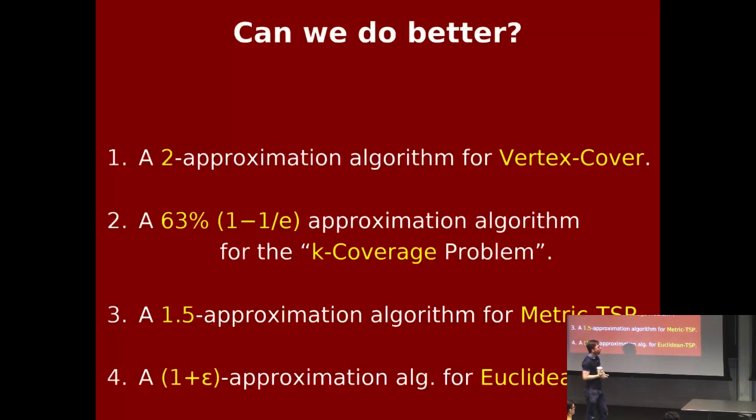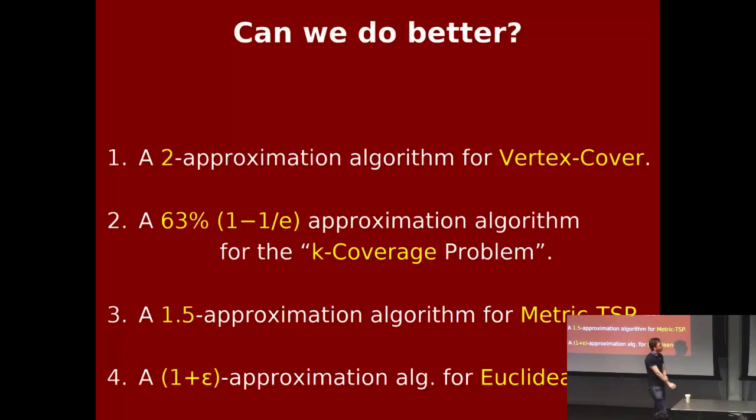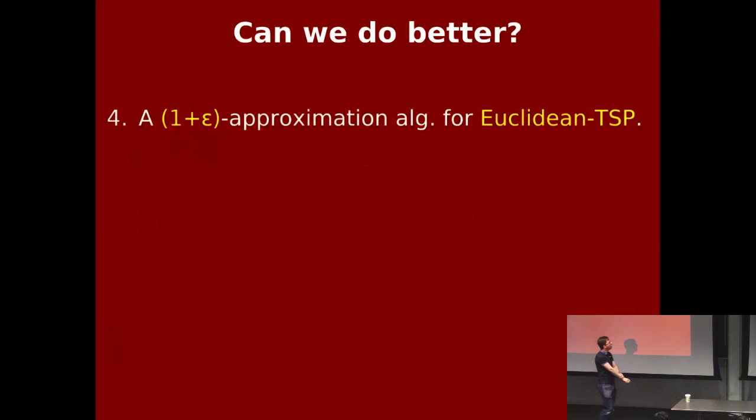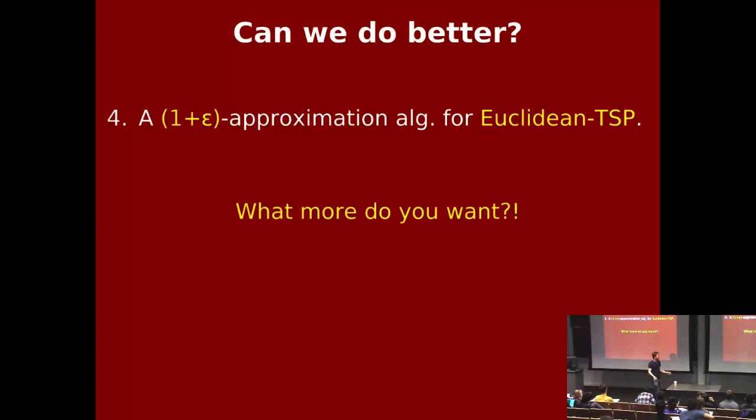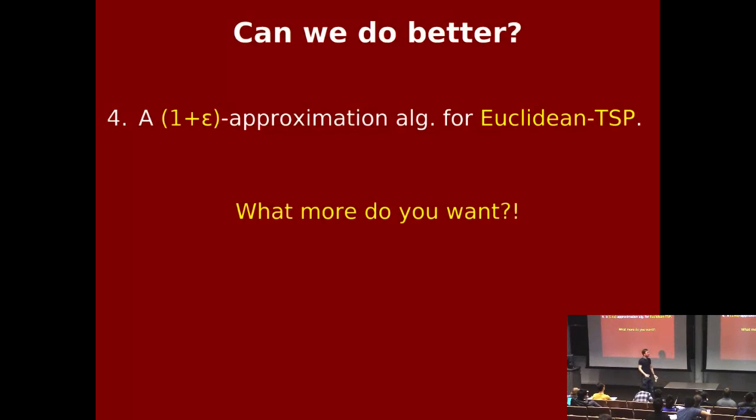Well, I'll tell you the story for each of these 4 problems, and I'll tell you in reverse order about whether or not we can do better. So I'll start with 4 and go back to 1. OK, so first one. Can we do better than this? Well, what more do you want? That's about as good as it gets. I mean, it's a de facto easy problem.